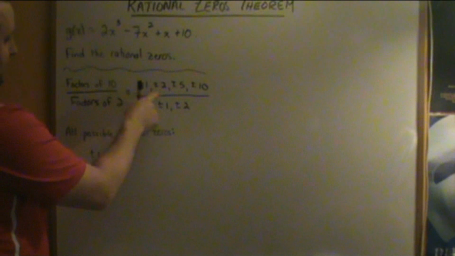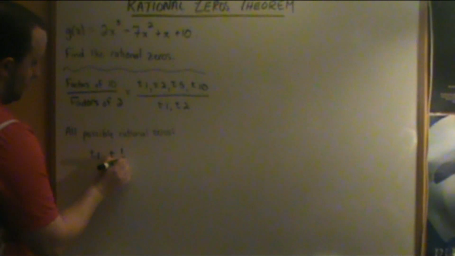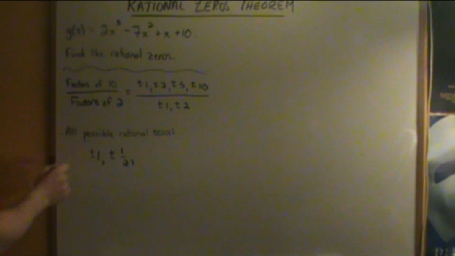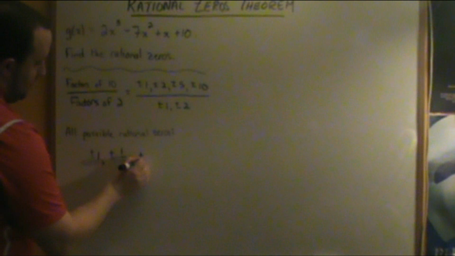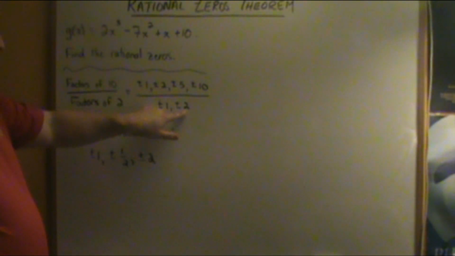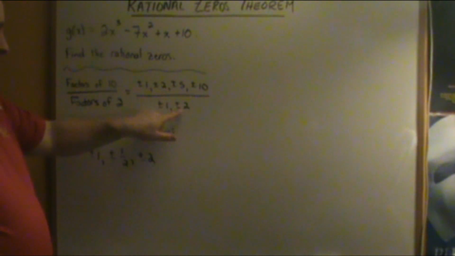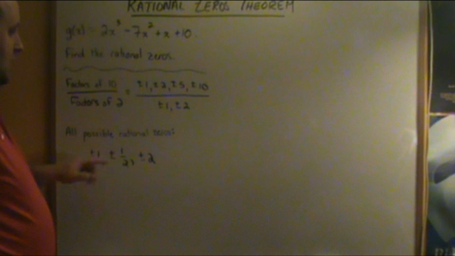We have positive or negative 1 divided by positive or negative 2. That's positive or negative 1/2. Positive or negative 2 divided by positive or negative 1 is positive or negative 2. Positive 2 divided by 2 here, regardless of its positive or negative, is going to give you positive or negative 1. So that's a repeated 0.